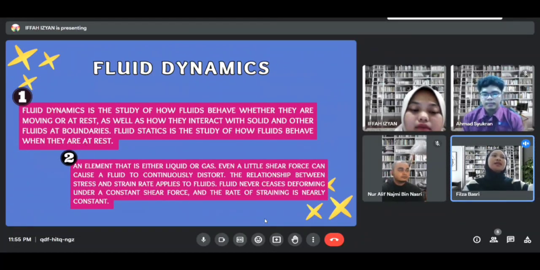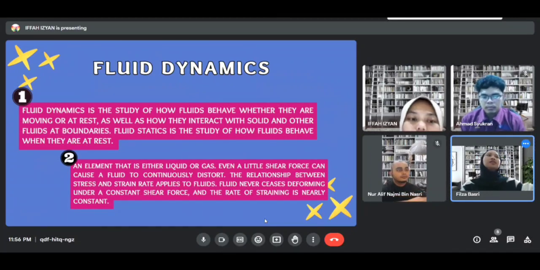A solid can resist an applied shear stress by deforming, and its stress is proportional to strain, and a solid eventually stops deforming at a fixed strain angle.